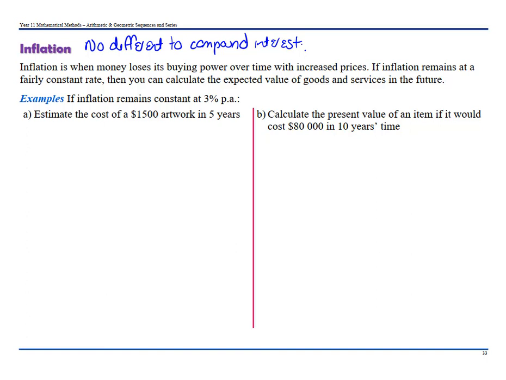So an example, if inflation remains constant at 3% per annum, estimate the cost of a $1,500 artwork in 5 years. So A equals P(1 plus R) to the N. Our P is 1,500. Our R is 0.03. And our N is 5. So exactly the same as compound interest.